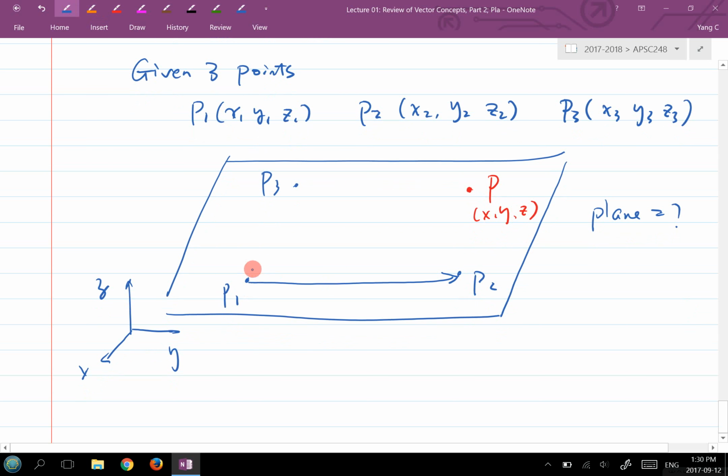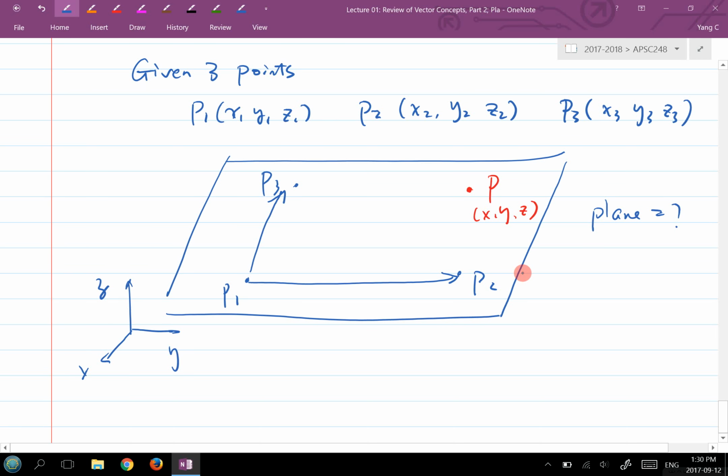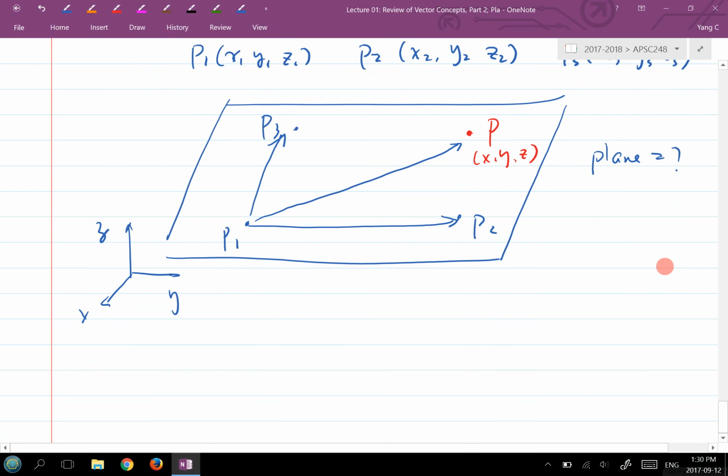The other one will be P1P3. And then I will have one more vector, P1P. So I'm going to form 3 vectors here: P1P2, P1P3, and then P1P.